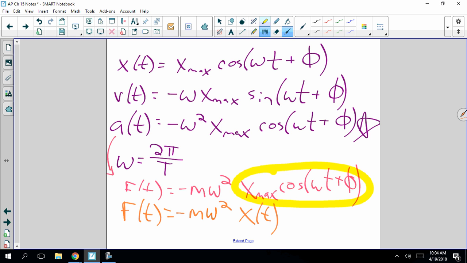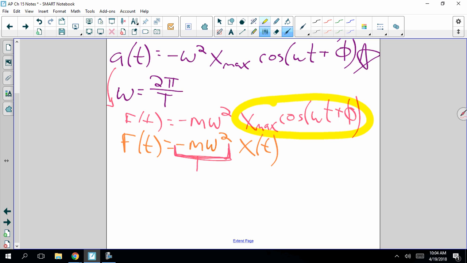So look, I just came up with an equation for force. Here's displacement. What's true about this? It's a constant, right? So we said, all right, let's call that constant k. Cool?